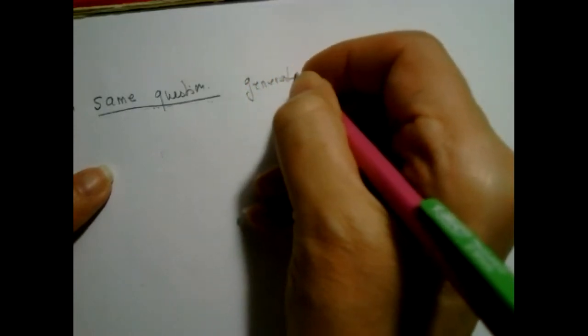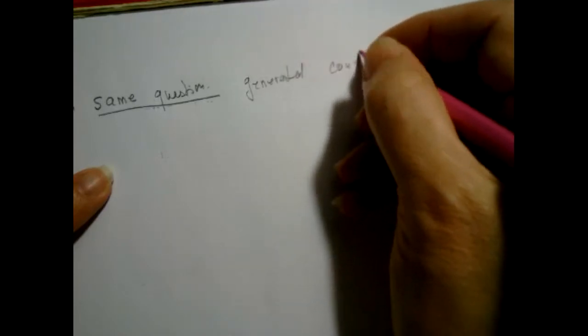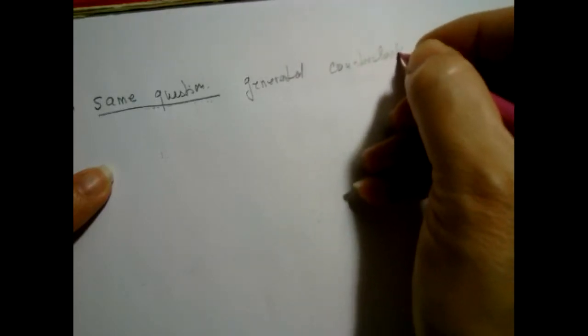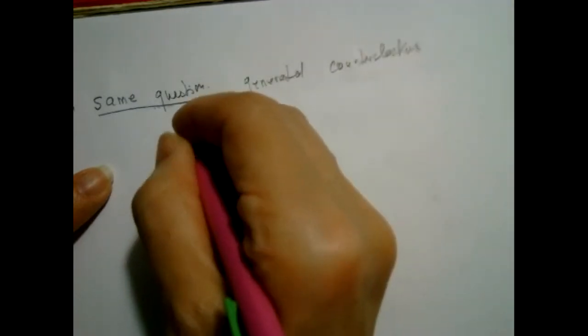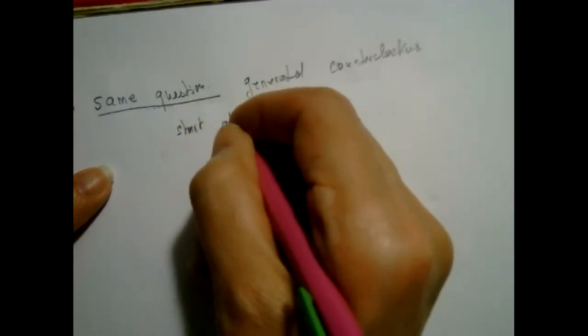The other variation before I move on is I'm going to give you the following. Same question as before, but now I want the following: generated counterclockwise, but start at the top.